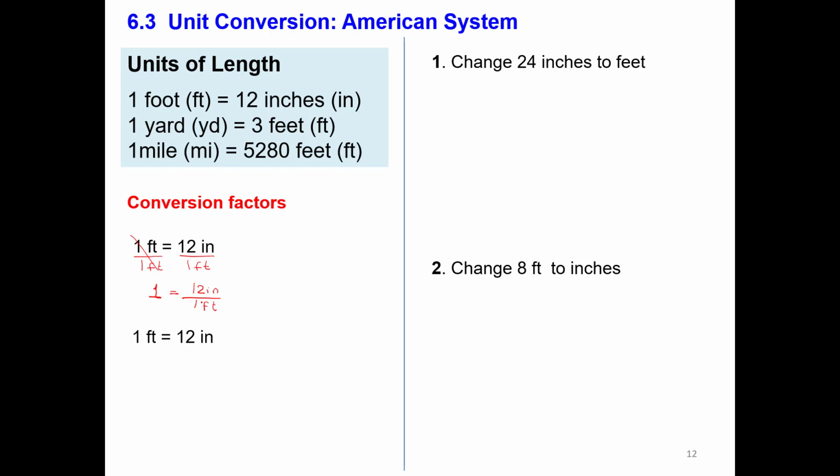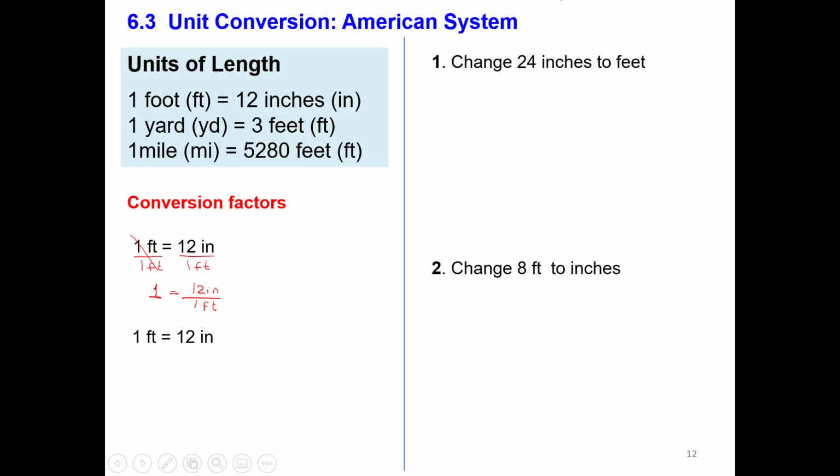When we multiply by this conversion factor, we are multiplying by 1, and when we multiply by 1 we don't change the number, like 5 times 1 equals 5. This is why we can convert one unit to another: we can multiply by the conversion factor because the conversion factor equals 1. We are not changing the number.